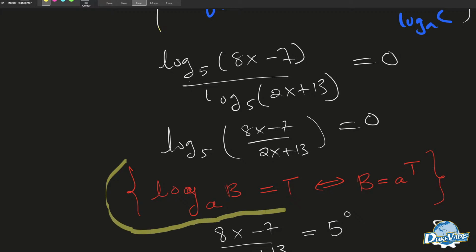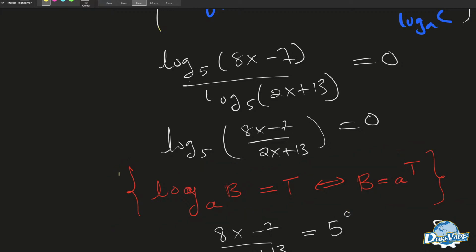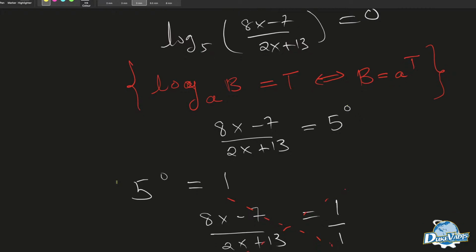Now, we also employ this property that we learned earlier in logarithm. It says log to the base a of b equals t. And we were told that if you look at it from the right hand side, b will be a certain number, and a, being the base, will be raised to the power t. So we did the same thing and applied it to this.